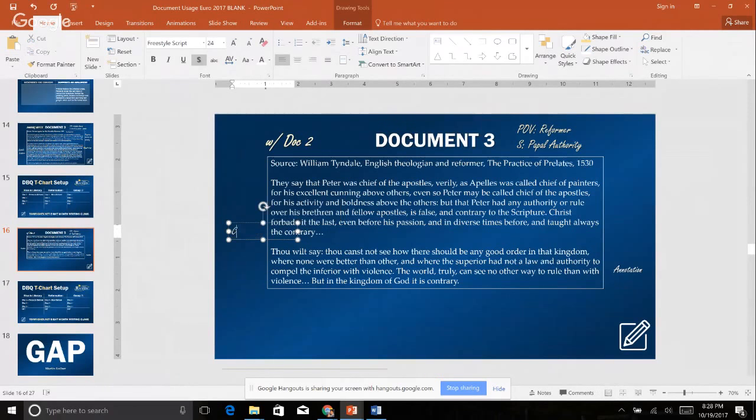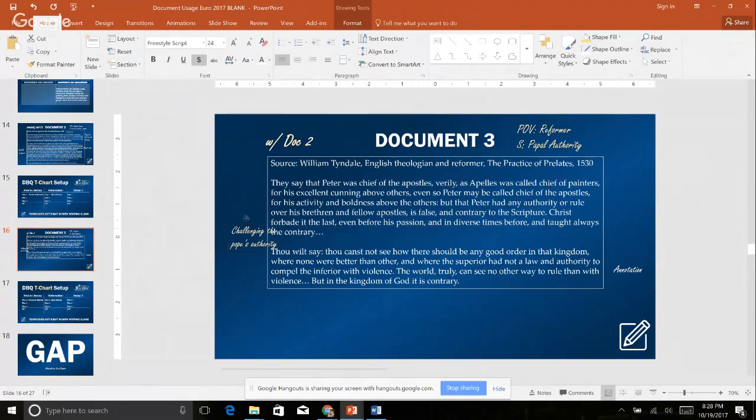Tyndale is challenging the Pope's authority. Notice there's nothing in here that mentions the Pope. So basically, the document has been selected and it's being intentionally vague, so that somebody who does not understand European history can't really use it for much of anything.